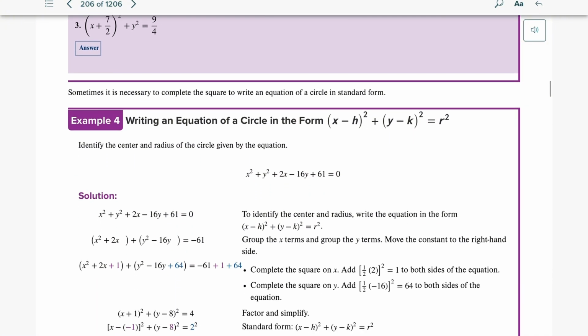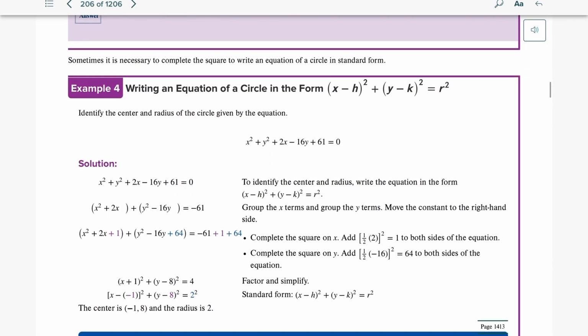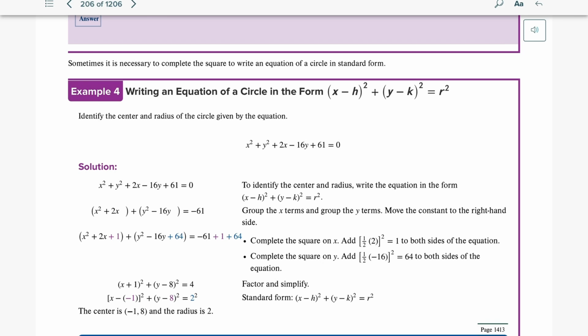Okay? And then if you are given this equation, right? How can you figure out what that actual equation of the circle is? Okay? And so you're going to do something called completing the square. If you look at the explanation on the right here, it says group the x terms and the y terms, move the constant to the right hand side.